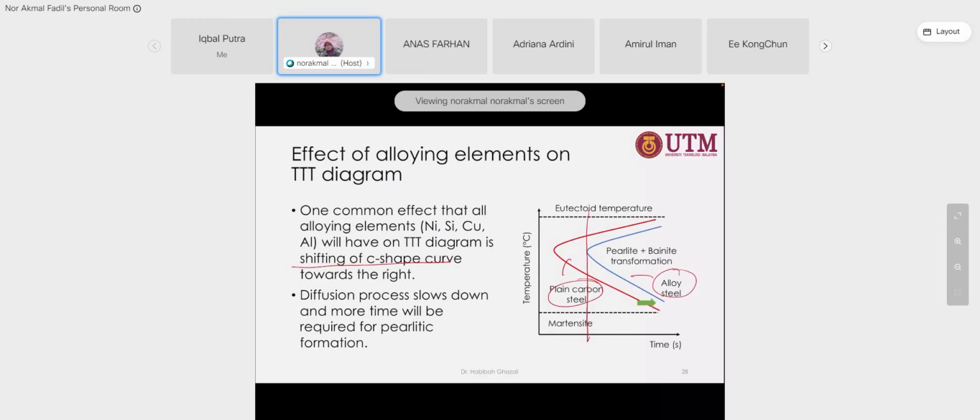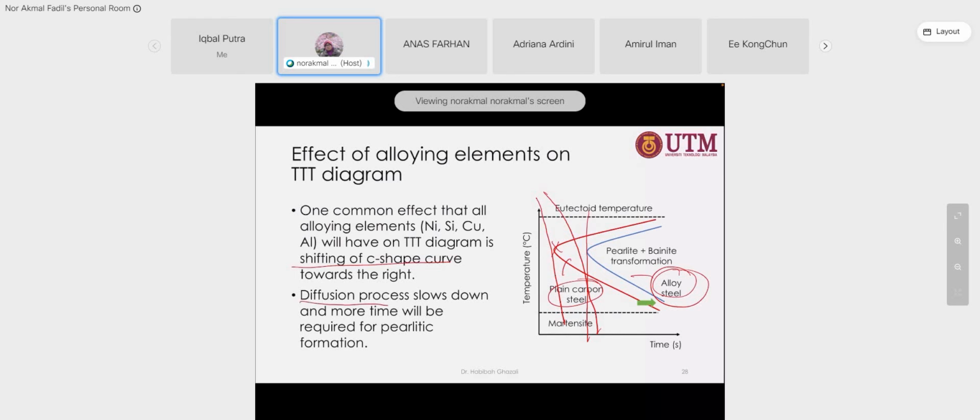For plain carbon steel, you need to quench quickly so that it won't cross this line. But for alloy steel, you can quench over a longer time, meaning you can do it on a large part, large section, high volume component, without worrying that the hardness will not be achieved at the core. You can fully achieve hardness outside and inside the structure.